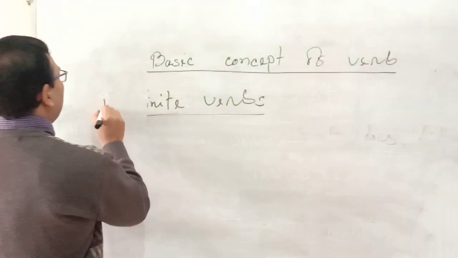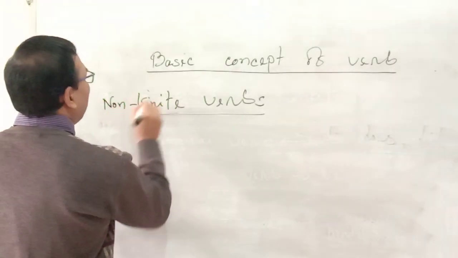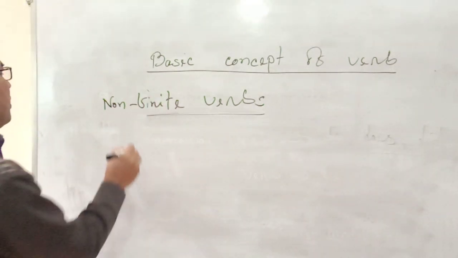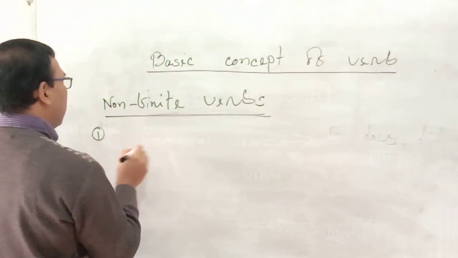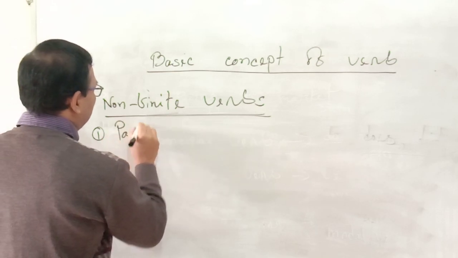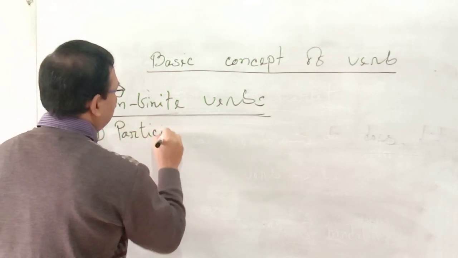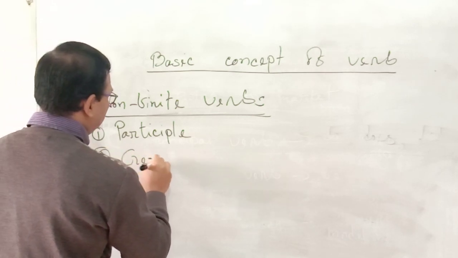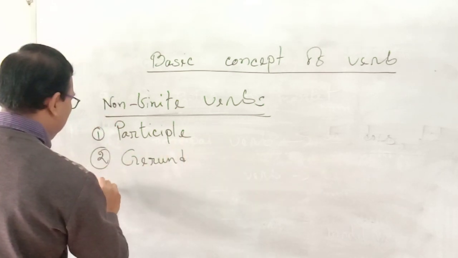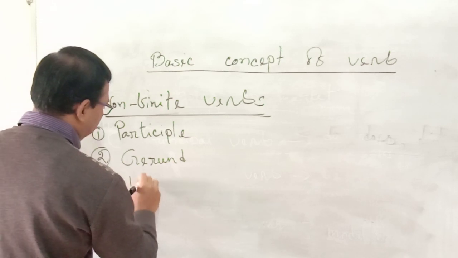Non-finite verbs can be classified into three types, and they are: number one, participle; number two, gerund; and number three, infinitive.